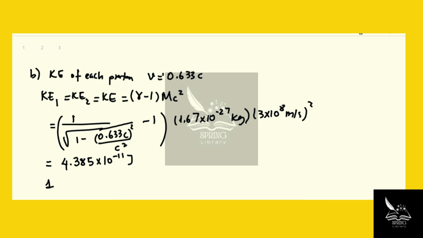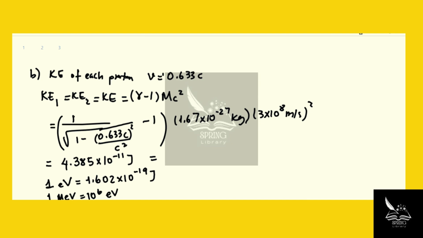1 eV would be equal to 1.602 times 10 to the power negative 19 joules. And also 1 mega electron volt is 10 to the power of 6 electron volts.